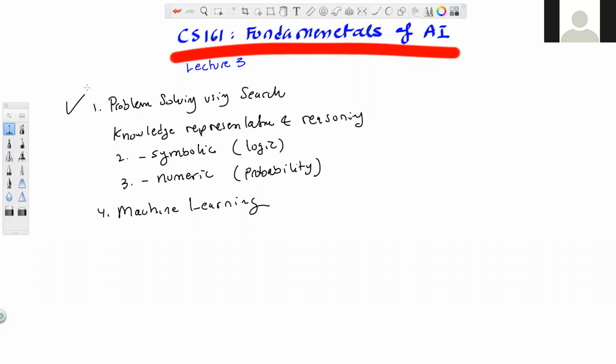So problem solving using search is a pretty foundational subject. In fact, you can take a whole graduate course just dedicated to the subject. And one of our faculty, Professor Rich Korf, who's an expert on this area and made a number of the seminal contributions in this area, actually does teach a graduate course just dedicated to this. You can think of it as providing infrastructure for other subjects.